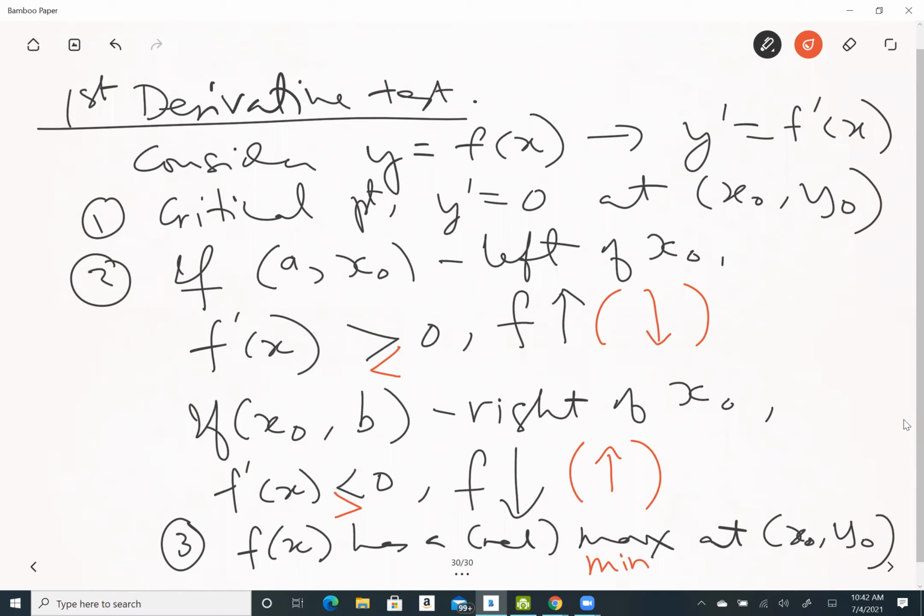So you have to repeat this. If there is more than one critical point, that means two or more, you have to repeat the test for each critical point.